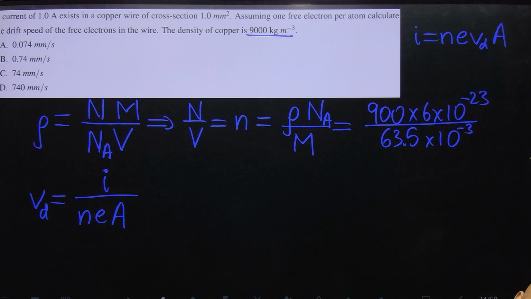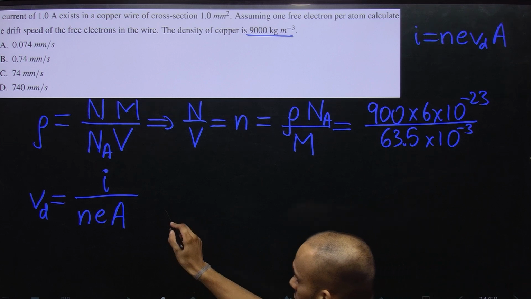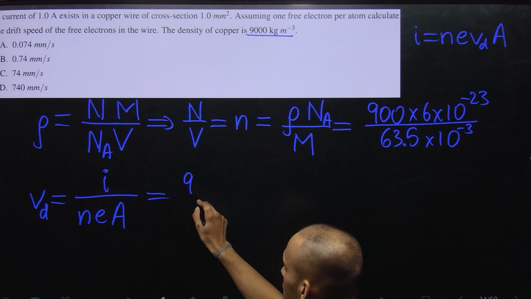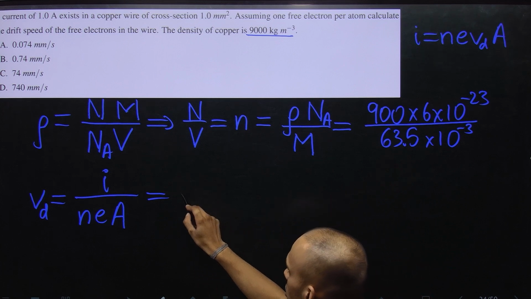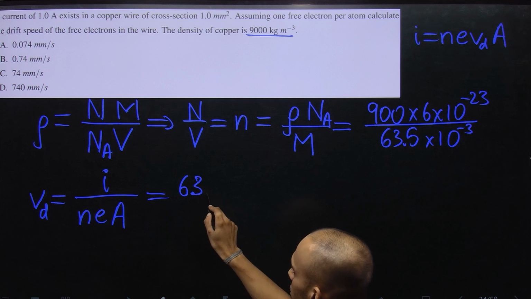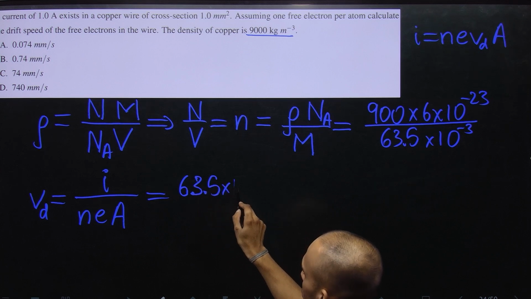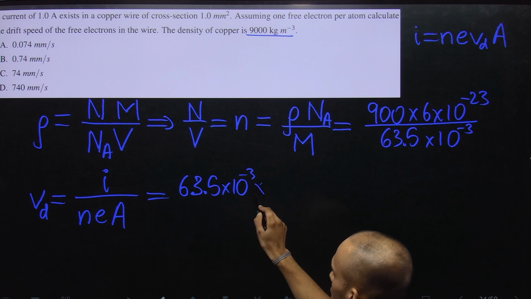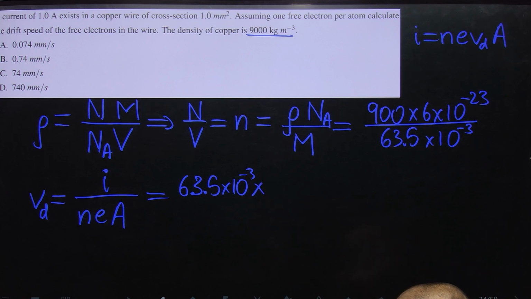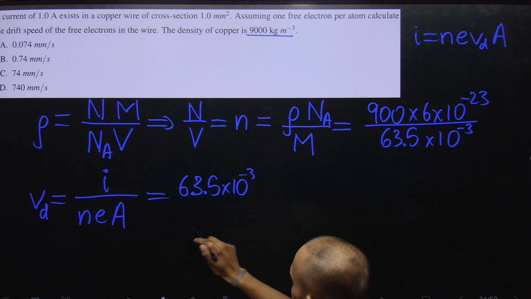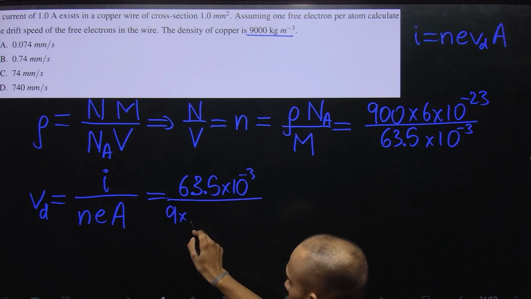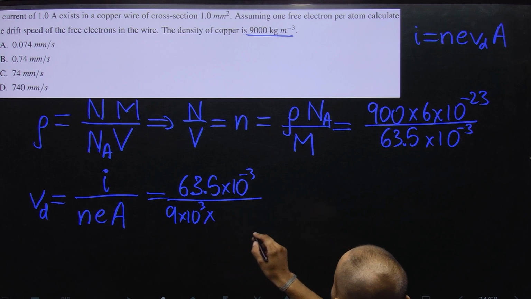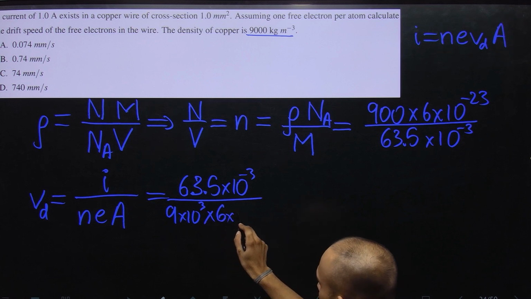If we multiply the charge and electron in the denominator, numerator will come forward, 63.5 into 10 power minus 3. In the denominator we can write now 9 into 10 power 3 into 6 into 10 power 23.